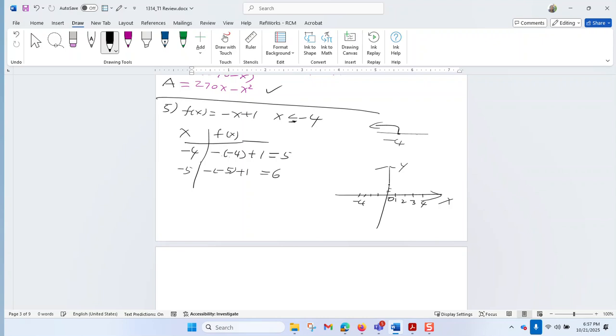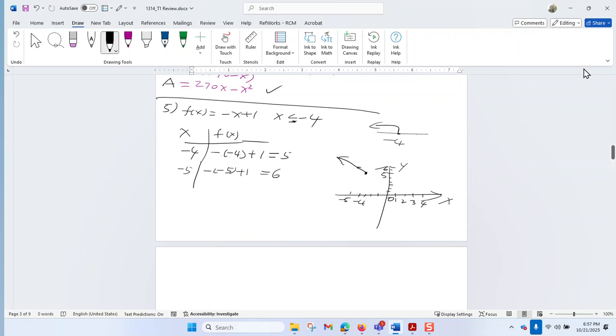So 1, 2, 3, 4, 5, 6, right? That's 5 and 6. So this will be right here. All right, when x is -5, this will be 6. So right here. All right, so I graph this one going to the left. All right, so that's my first piece. I cannot come all the way down in here because x is less than or equal to -4, right?